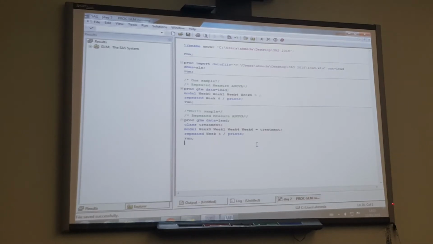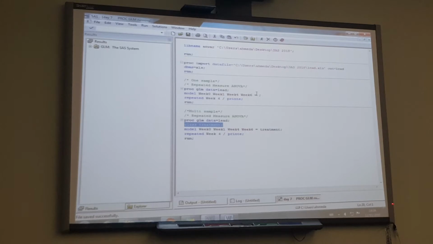Before we had only week, right? Look at the interaction between treatment and week. If I put treatment in the class statement by mistake but left it out of the model, it gave me the same result. Yes, but you didn't include it in the model, so it's not going to be considered. Even if you put it in the class statement, it's not going to change the result.